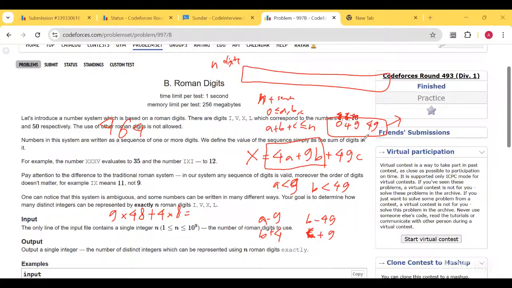Okay, and the other we can just use 49. So we can just brute force or use DP to find, for each i, what is the minimum a plus b such that a plus 9b is equal to i, right?